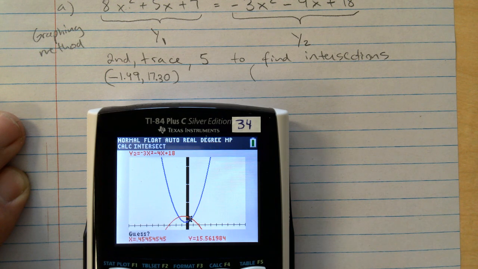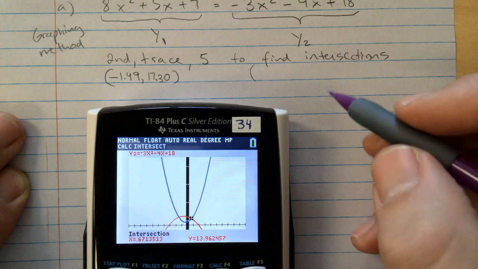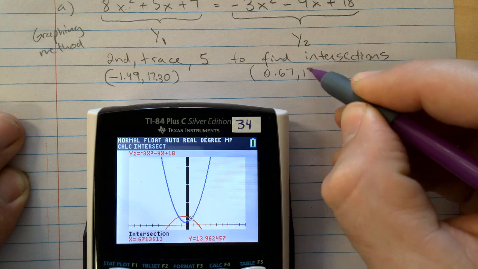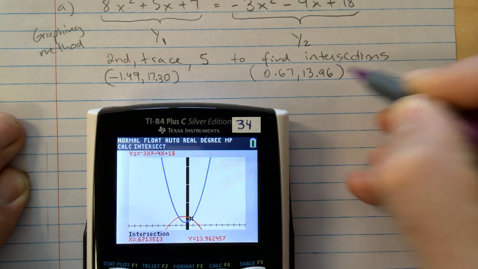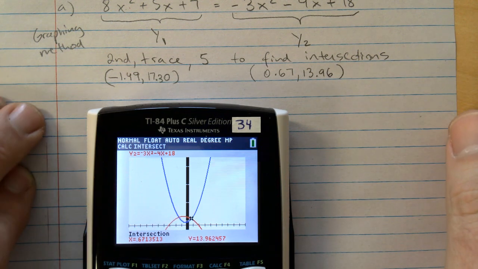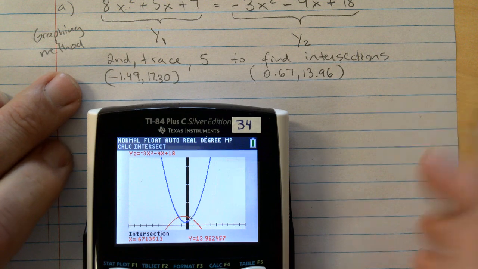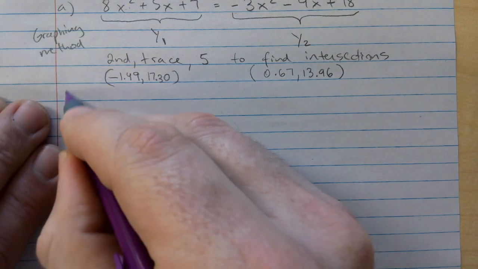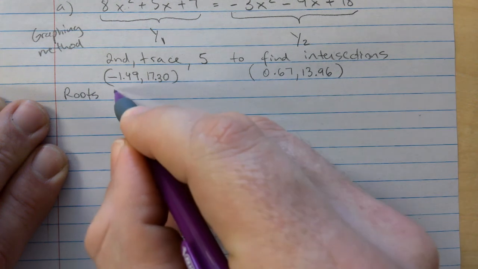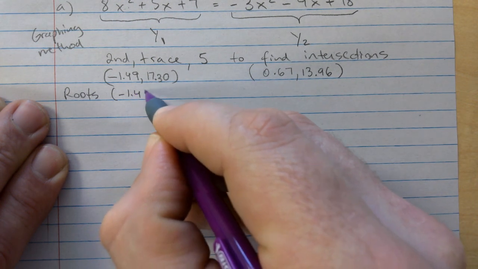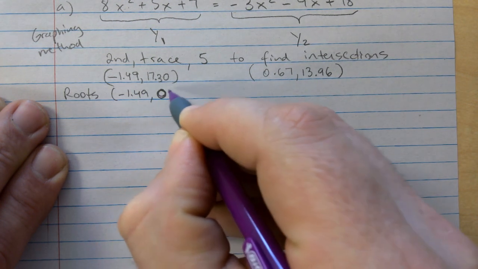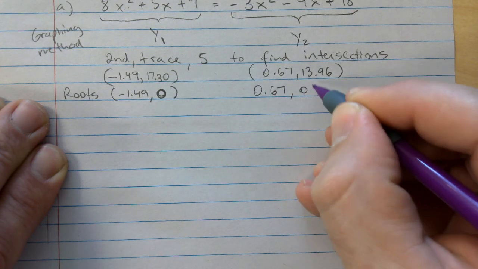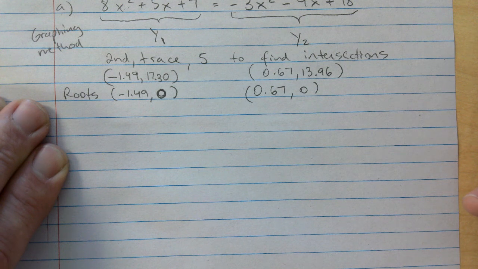That's that one there. And that is 0.67, 13.96. So that's the two instances where that happens. The roots would actually be negative 1.49, 0, and 0.67, 0, and you will see in a bit that that is true.